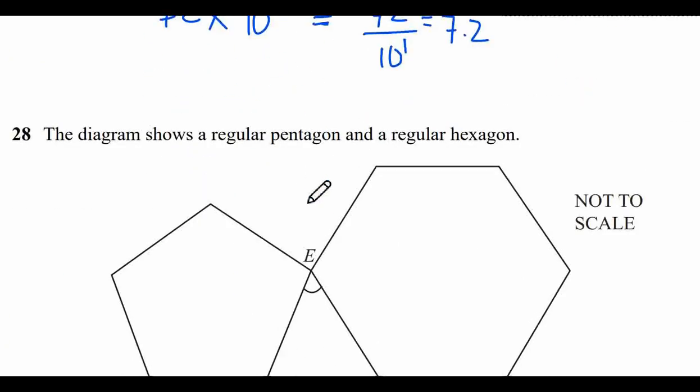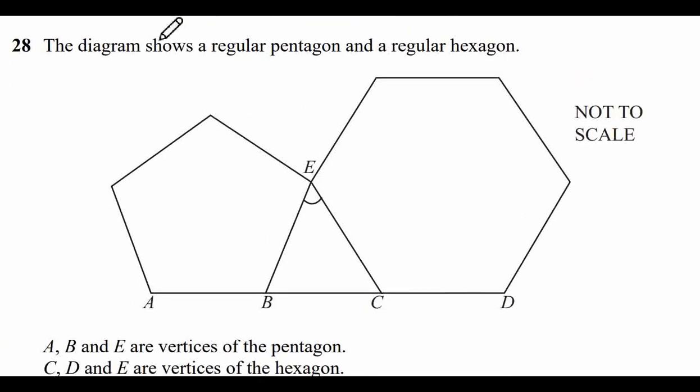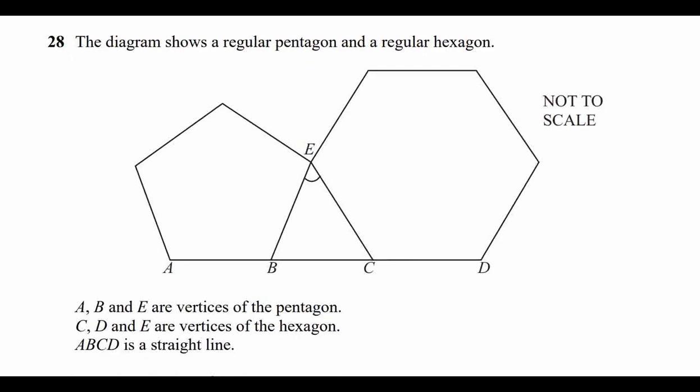Next, question 28. The diagram shows a regular pentagon and a regular hexagon. A, B, E are vertices on the pentagon. Okay, this one is the pentagon.